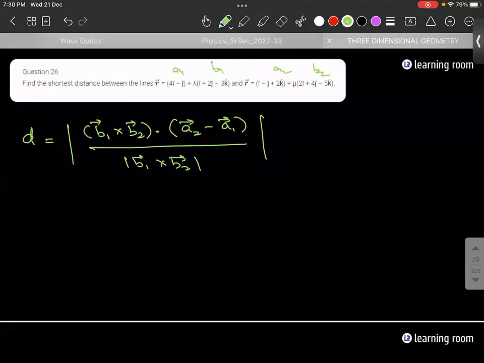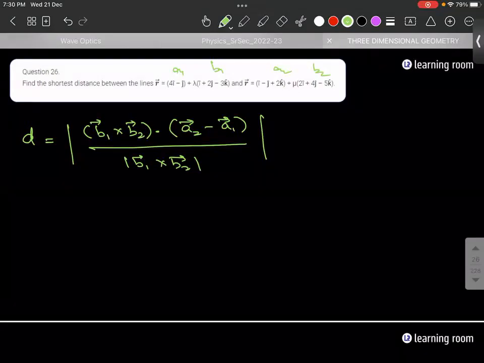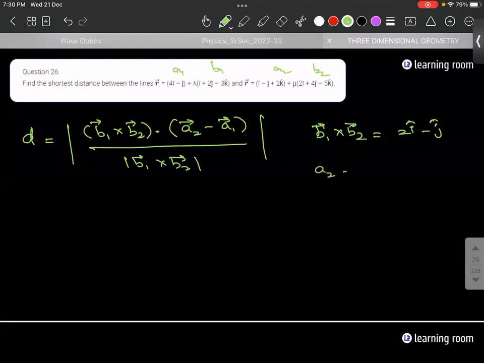So what is B1 cross B2? 2 i cap plus j cap. How much? 2 i cap plus j cap. The minus j cap, sir. Is it plus or minus? Like here it is given minus. Minus j cap. Oh, sorry, minus. Yes, sir, minus. So this is there. Then what about A2 minus A1?